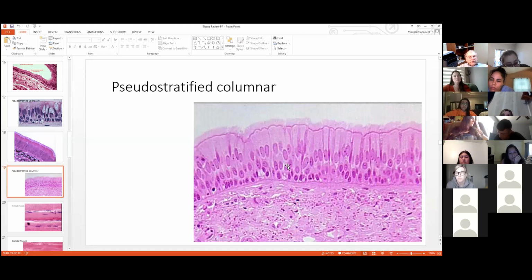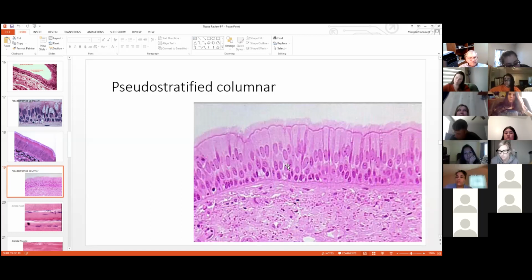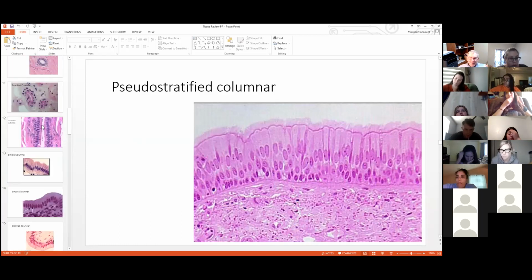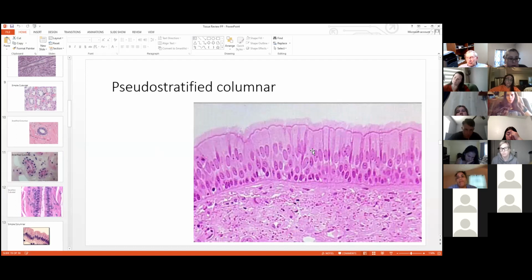In the digestive system, it's always going to be simple. In the respiratory system, it's always going to be the pseudostratified, which is really simple, but remember, it's this unique kind of simple, so we call it pseudostratified. And then in the esophagus, it's going to be the stratified squamous.